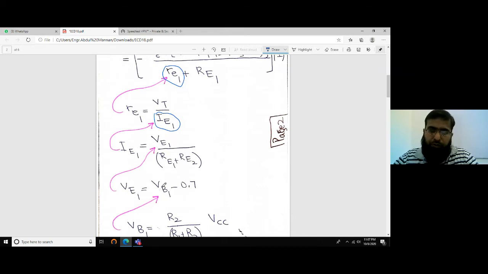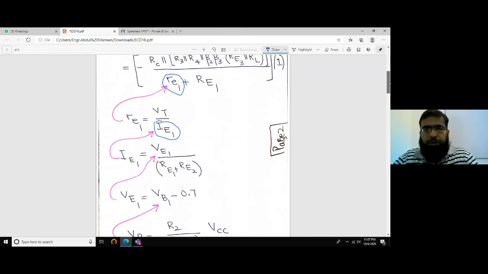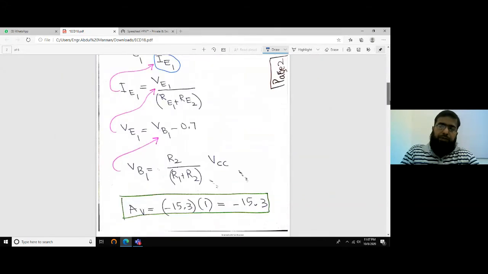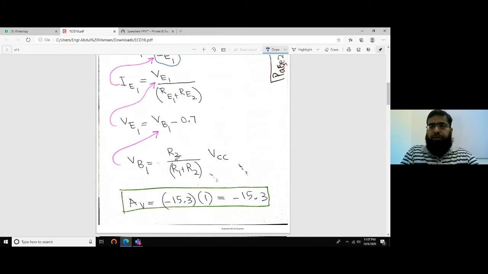To find VE1, we know this is an NPN transistor, and VB1 is 0.7 volts higher than VE1. So if we know VB1, we can compute IE and re. And VB1 is approximately R2 over R1 plus R2 times VCC.